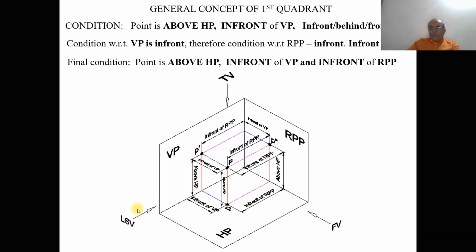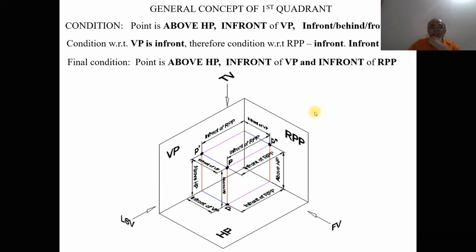Then when you look from the left side view, I can also see the distance above HP, and that image falls on the vertical plane. And when you look from the left side view, I can also see the distance in front of VP, and that image falls on the profile view. Therefore, the final condition is that the point is above HP, in front of VP, and in front of the right profile plane.